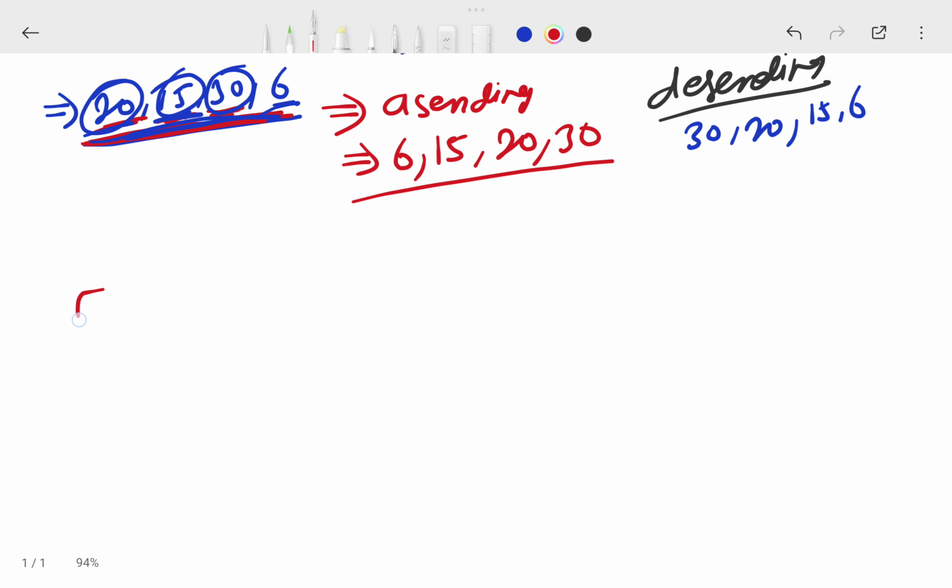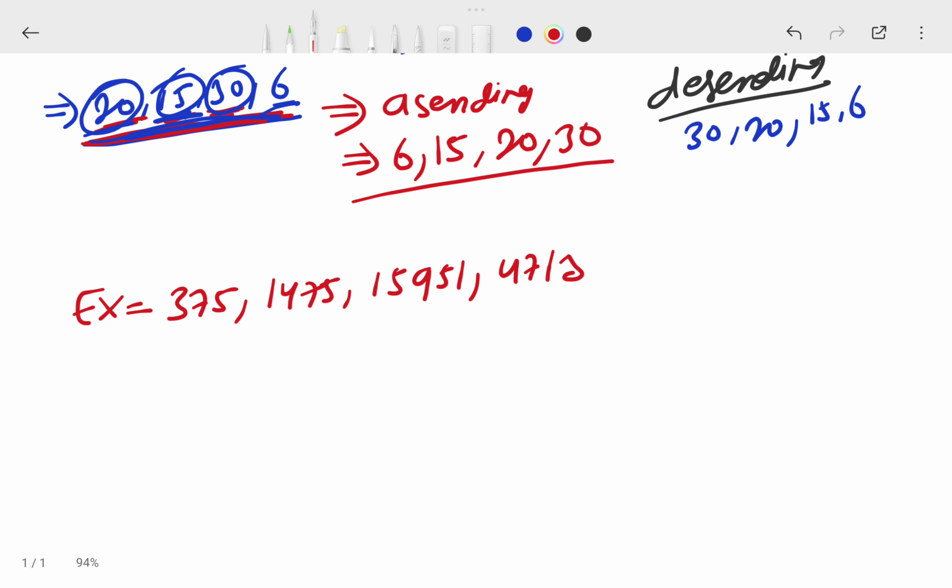So I am taking your first question: 375, then 1475, then 95951, and then 4713. Now this is one question I have taken, and we have to write this into ascending order and also into descending order. Generally we have to write in both ascending and descending.